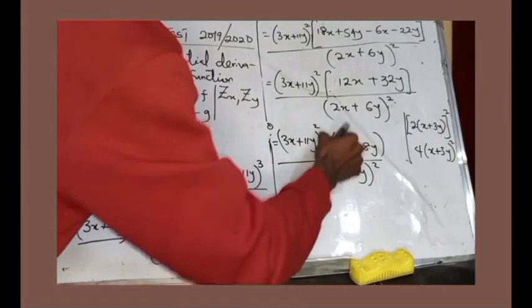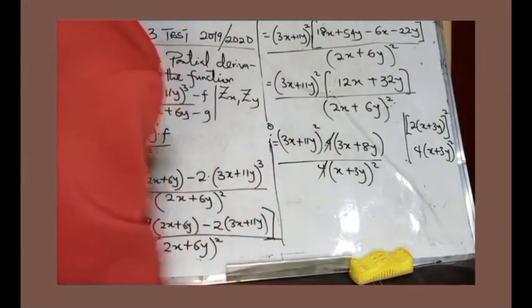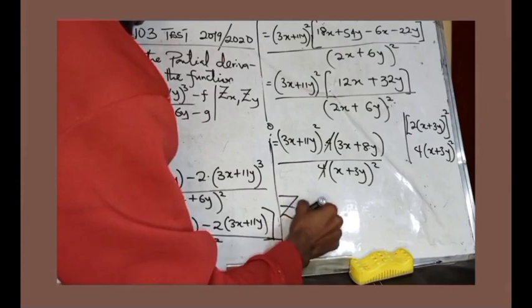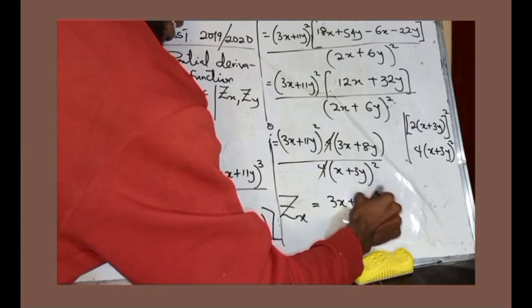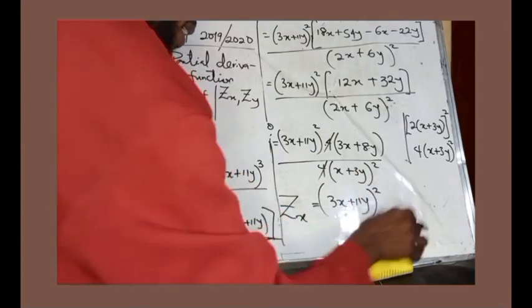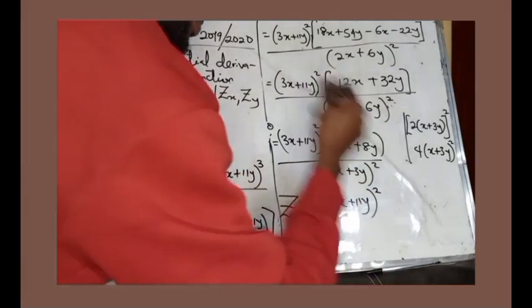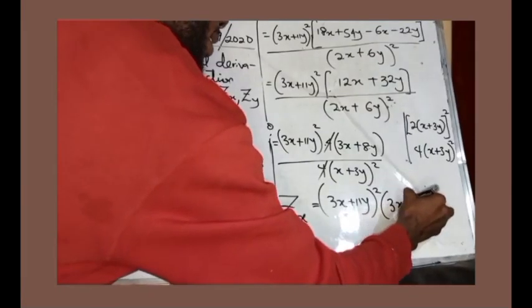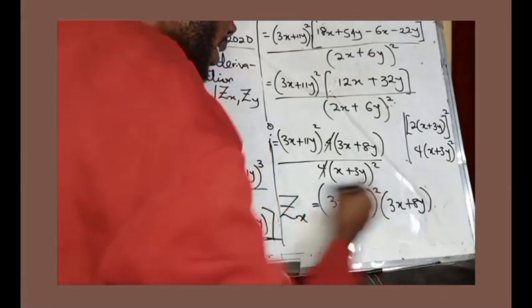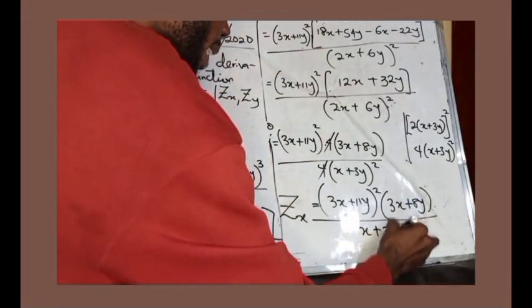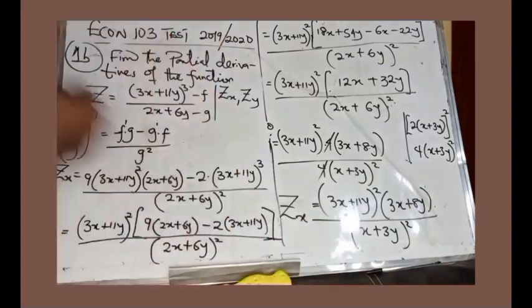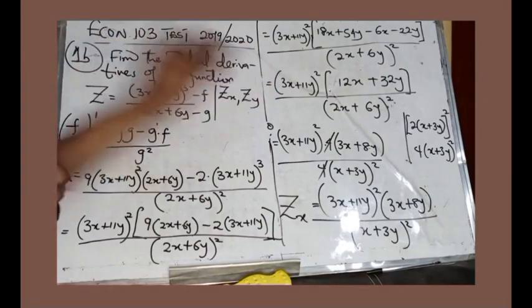So guys, this can cancel this, and finally for my z of x, this would give me 3x plus 11y all square, then open bracket 3x plus 8y, all divided by x plus 3y all square. Alright guys, so this is the first part of this question.